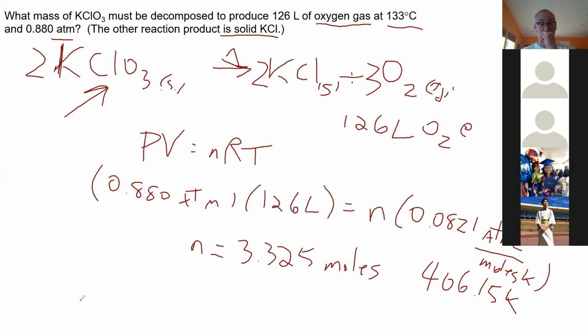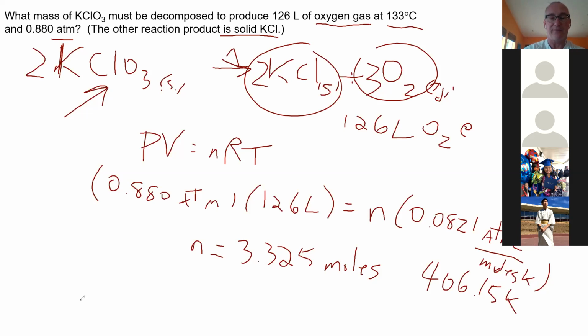So that's how many moles of oxygen are created when you heated up the potassium perchlorate and it decomposed into the gas and the solid. The other product we don't really care about, because we have a balanced equation.